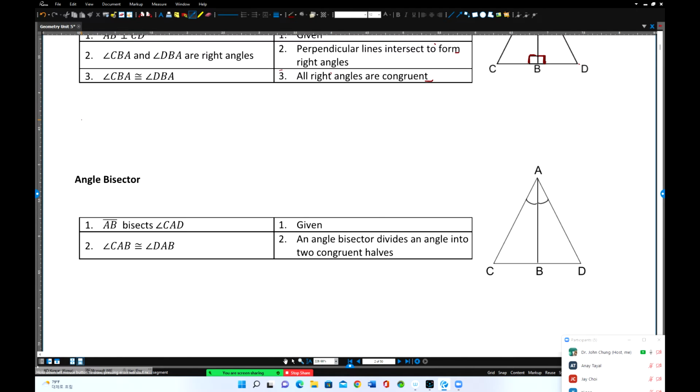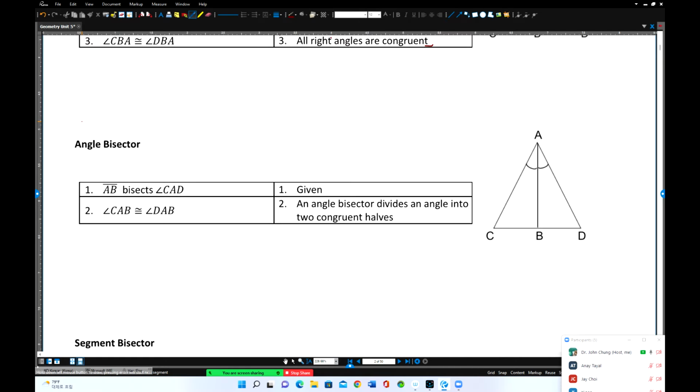The next one, angle bisector. During a proof, if you get this for the given, AB bisects angle CAD. Bisect means equally divided into two angles.